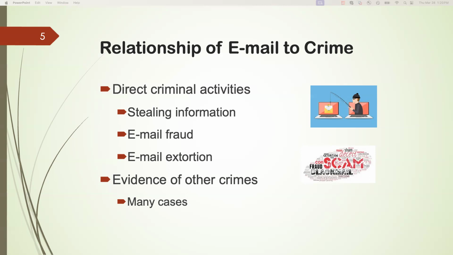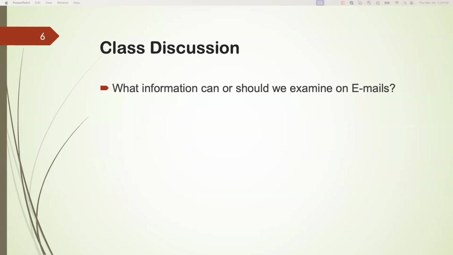So depending on the nature, emails can be directly used in a crime, such as fraud, stealing information, phishing, spoofing, and all these scams, or they can also be investigated as side evidence in order to prove some other crime that might have taken place.